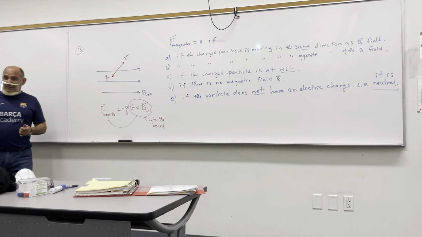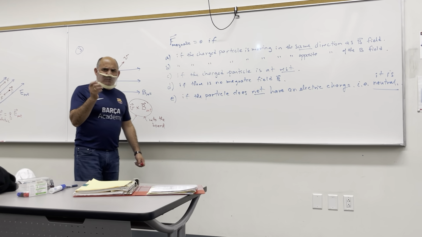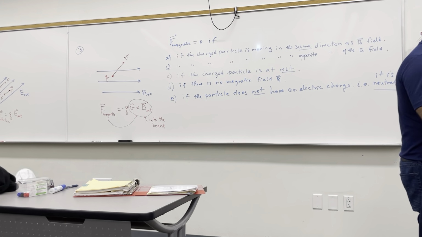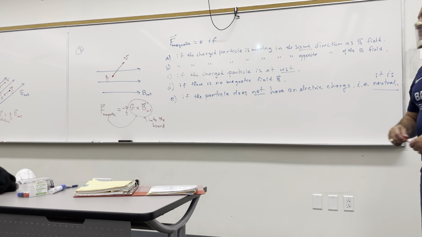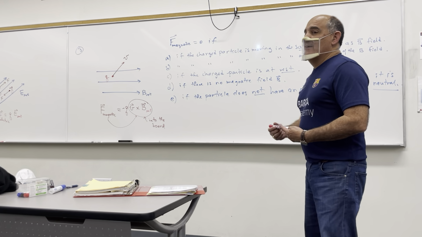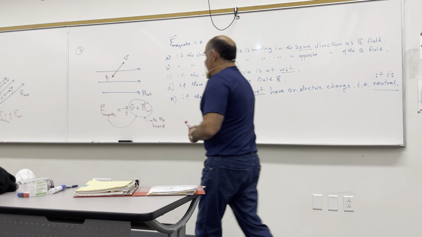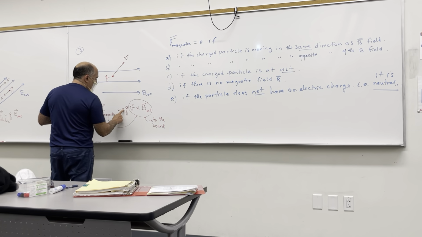So when solving a problem, quiz, test, homework, right? And they ask you, what is the direction of the magnetic force on this charged particle that moves in this magnetic field? Pay attention to whether the charged particle is positive or negative.